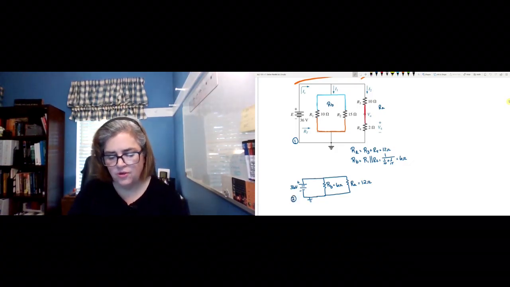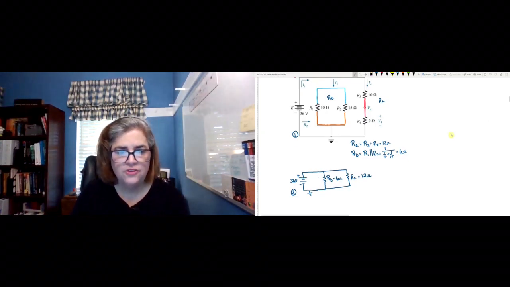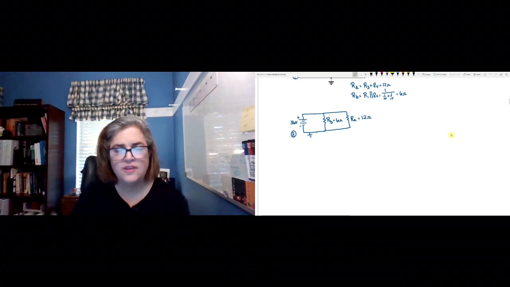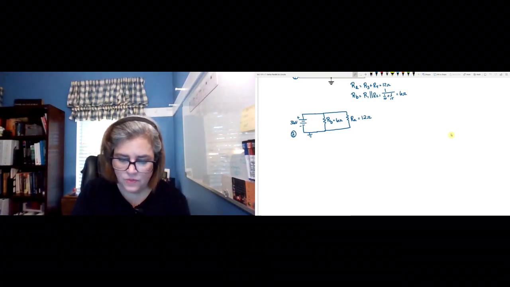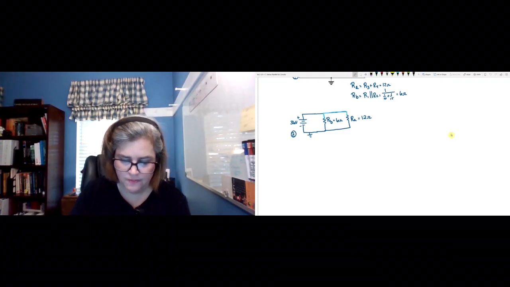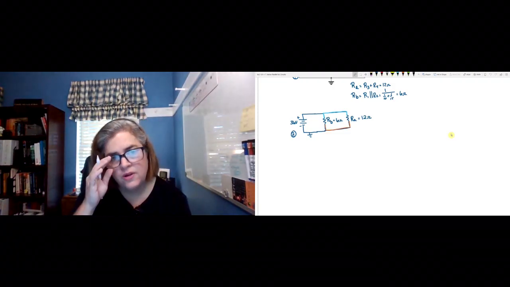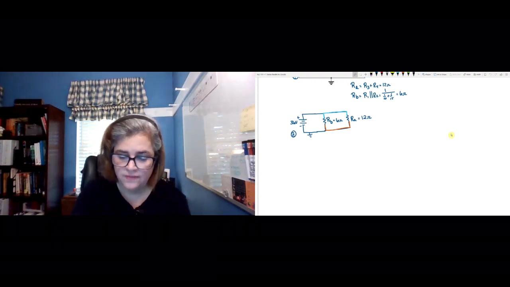Now let's see if we can reduce this a little bit further. Notice in our next circuit, and now I'm going to treat this like it's a whole different circuit, that RB and RA are connected on the top here, and they're connected on the bottom. So that tells me that RB and RA, connected at 2 points, are in parallel.